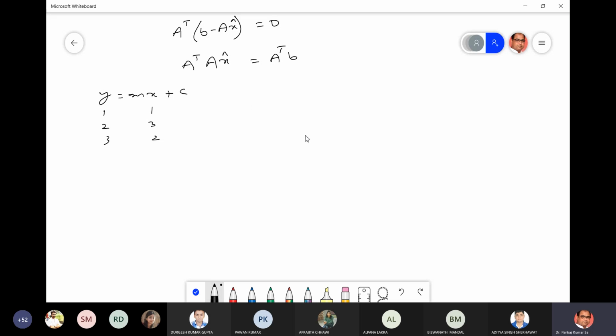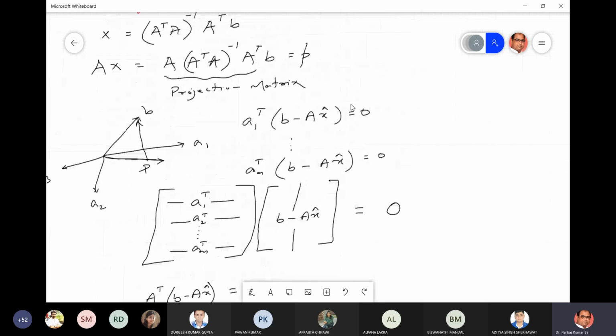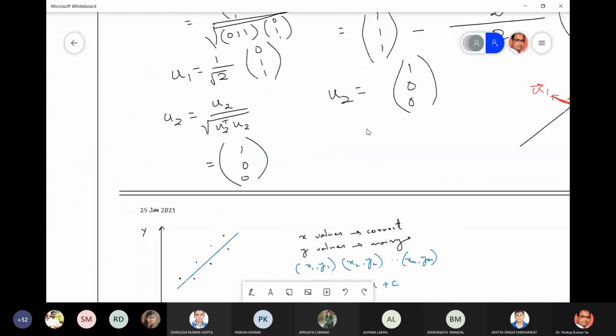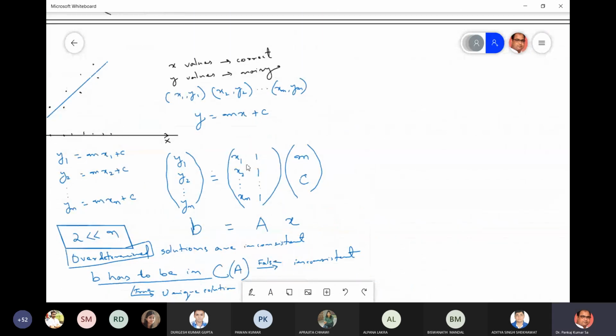Okay, so let me put this in terms of an equation. In terms of a matrix, the matrix that we saw in the last class: y1, y2, yn, equals x1, 1, x2, 1, times m and c.